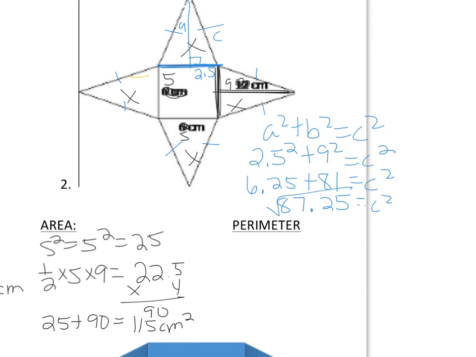And then take the square root. And the square root of that is roughly 9.3. But I have 8 sides that are 9.3, so I'll multiply that by 8 for a total perimeter of 74 4/10 centimeters.